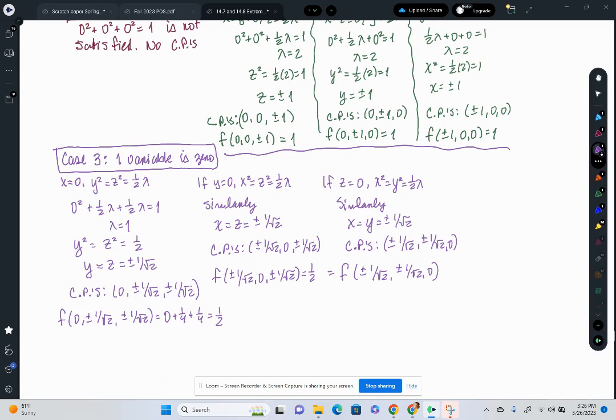Right here, each of those is every combination of the pluses and the minuses. So that's 1, 2, 3, 4, 8, 12 critical points on top of the 2, 4, 6 above. So we have 18 critical points right now. But they all gave us 1/2 for a value.